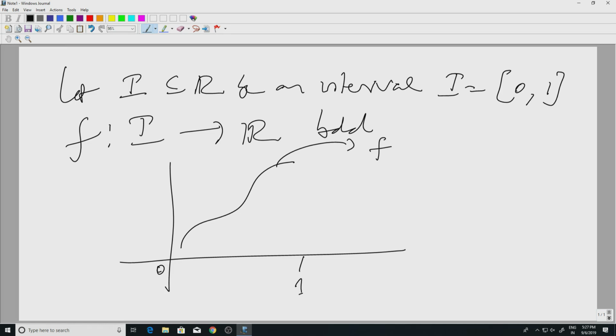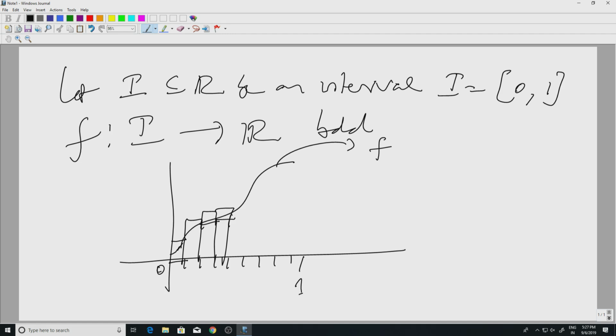We decompose the domain of f into small pieces, intervals like this, and in each interval we choose the maximum of f and the minimum of f. And so on.